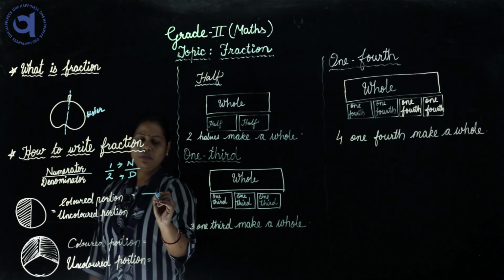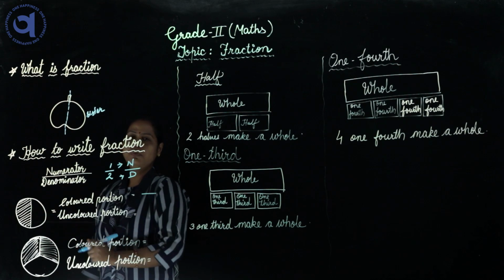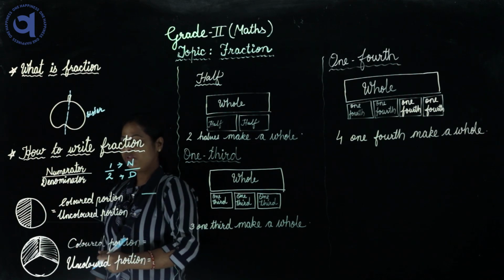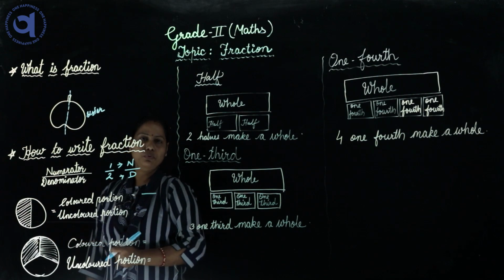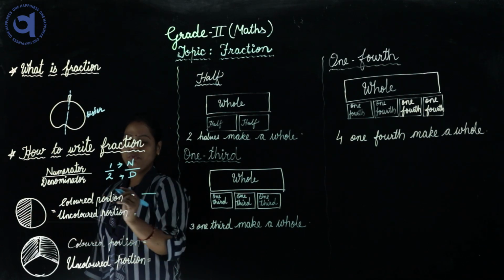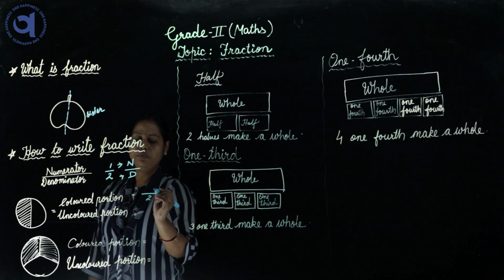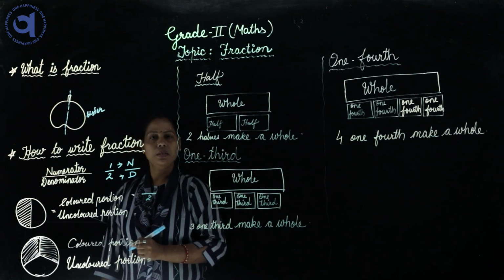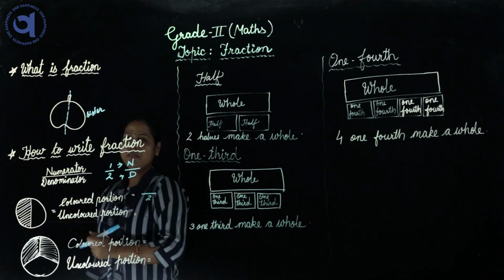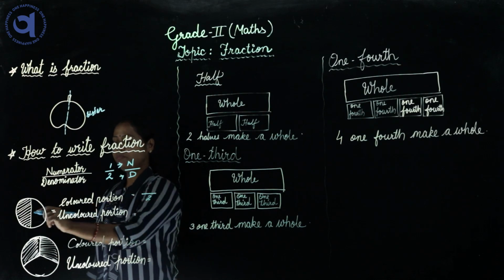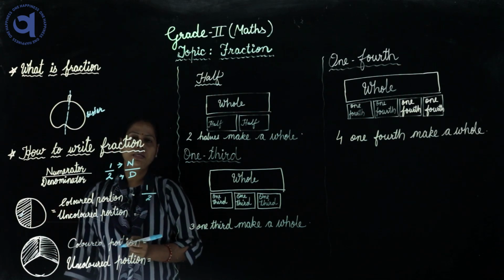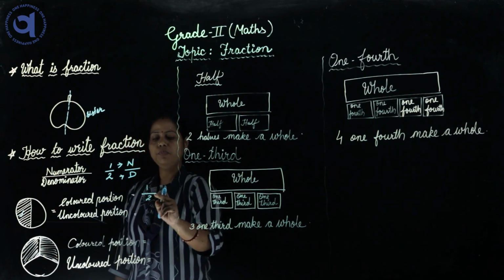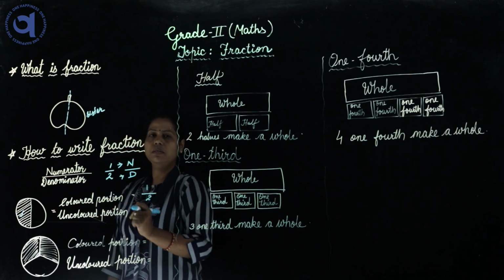First of all, you have to find out what is the total number of portions. The circle is divided into two equal portions. So, there are two total equal portions. So, denominator is 2. Now, how many parts are colored? Only one part is colored. So, we will write numerator as 1. So, 1 upon 2 portion is colored.